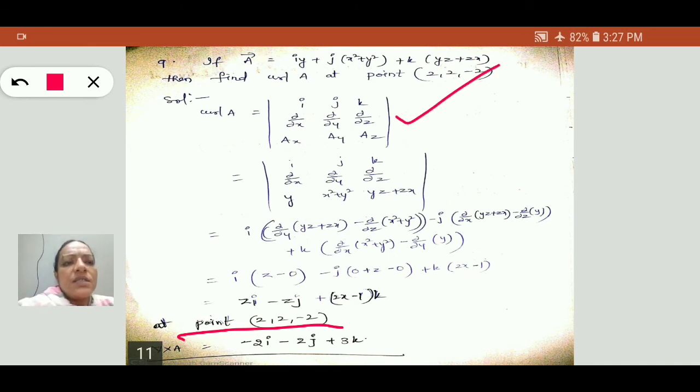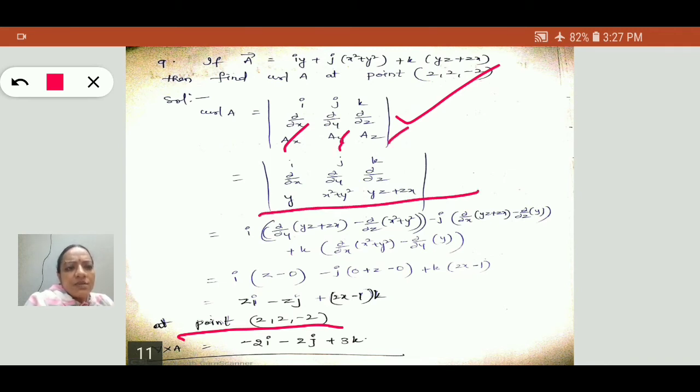As usual, just find the curl of the given vector using the determinant with i, j, k, then ∂/∂x, ∂/∂y, ∂/∂z, and the components Ax, Ay, Az in Cartesian form. Next, we substitute: the i coefficient is y, the j coefficient is x² + y², and the k coefficient is yz + zx.